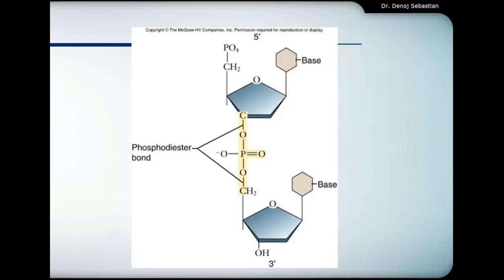The only difference is that we have an additional 2' OH group in case of ribose that is used in RNA. Why this chemical difference? Anybody answer? Hello?